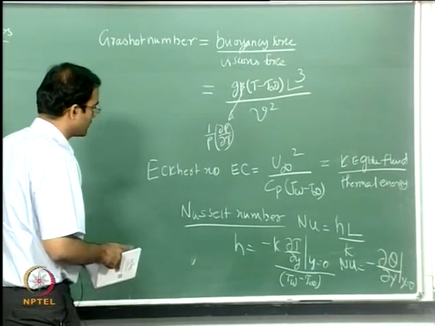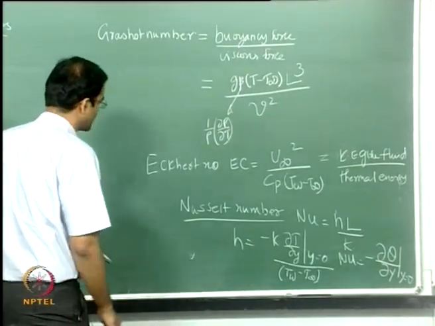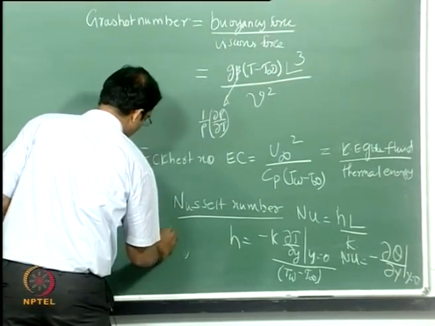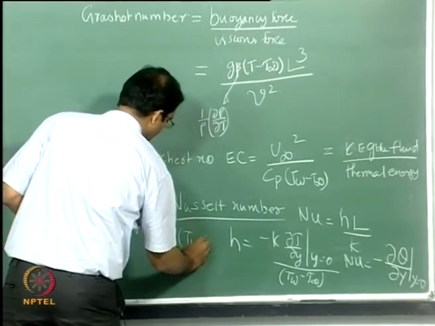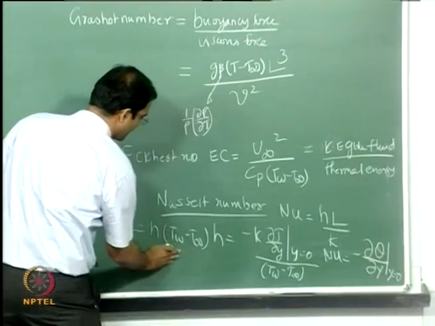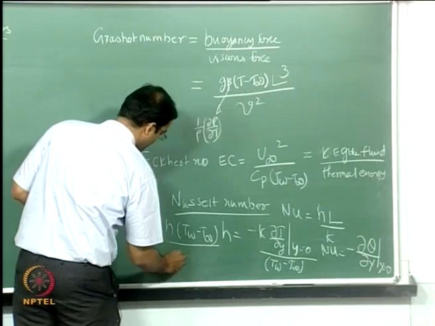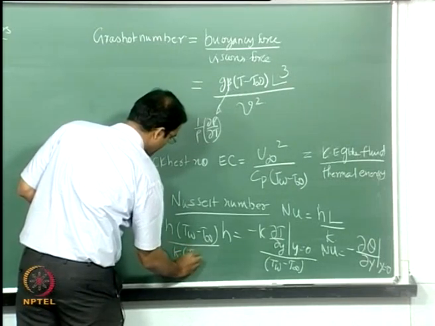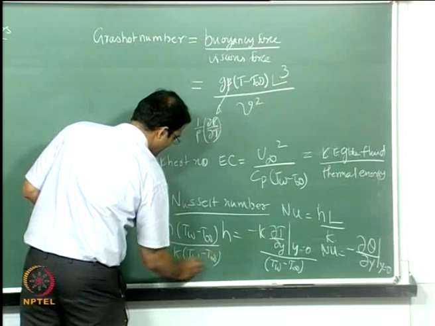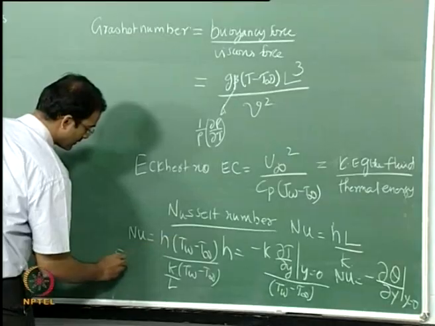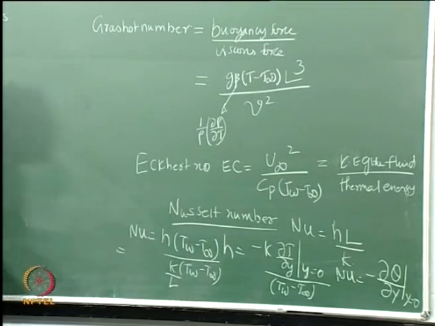And if you look at the physical significance of the Nusselt number, you can multiply the numerator and denominator by T wall minus T infinity, and write this as K into T wall minus T infinity by L. So what is the numerator here?